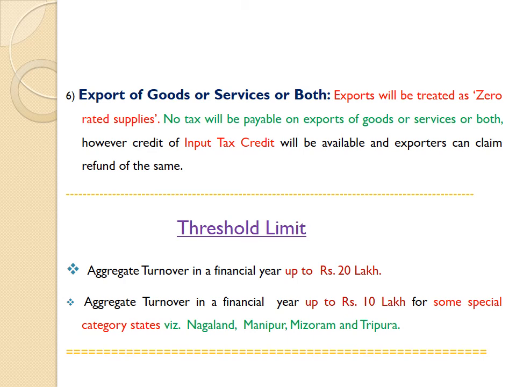It means that this is the limit. If the aggregate turnover does not exceed rupees 20 lakh, there is no need to consider the provisions related to GST. This is reduced to 10 lakh in the case of special category states like Nagaland, Manipur, Mizoram and Tripura.